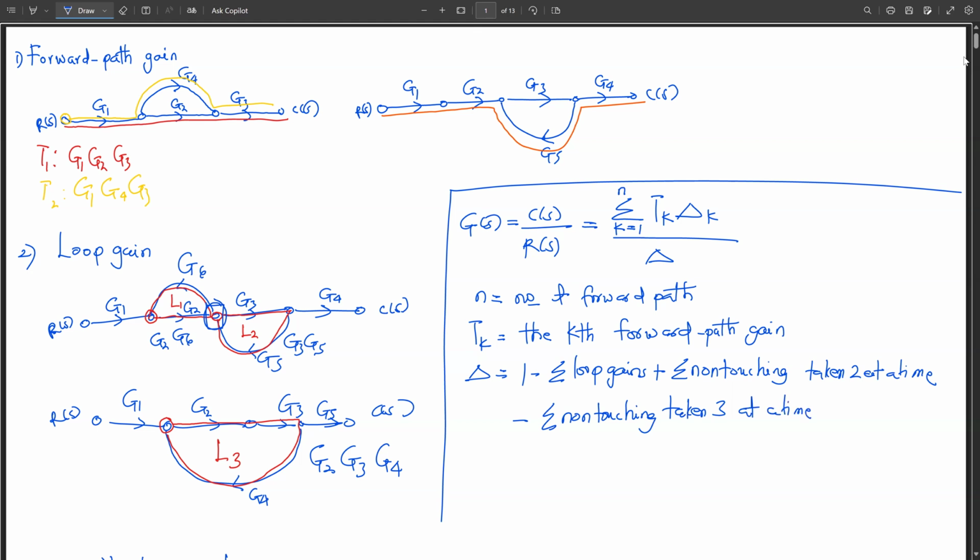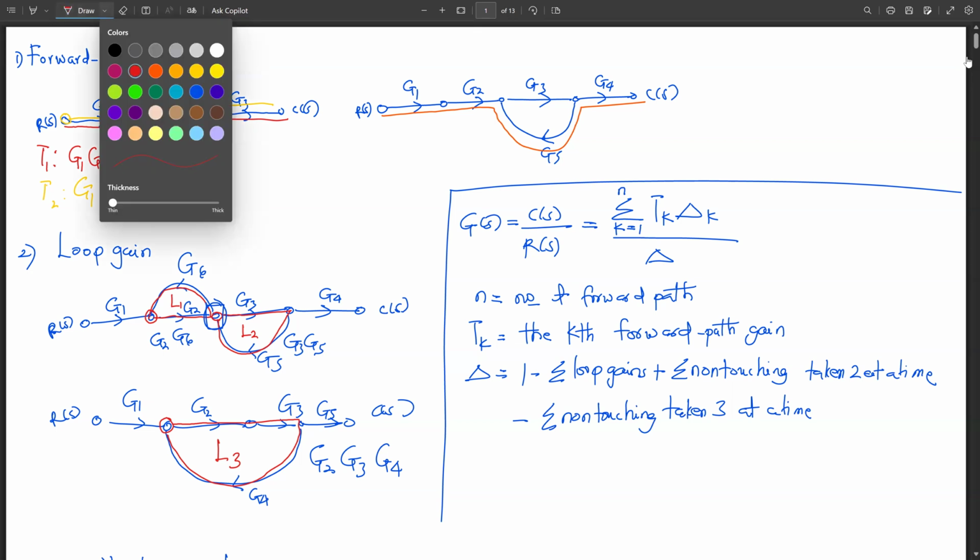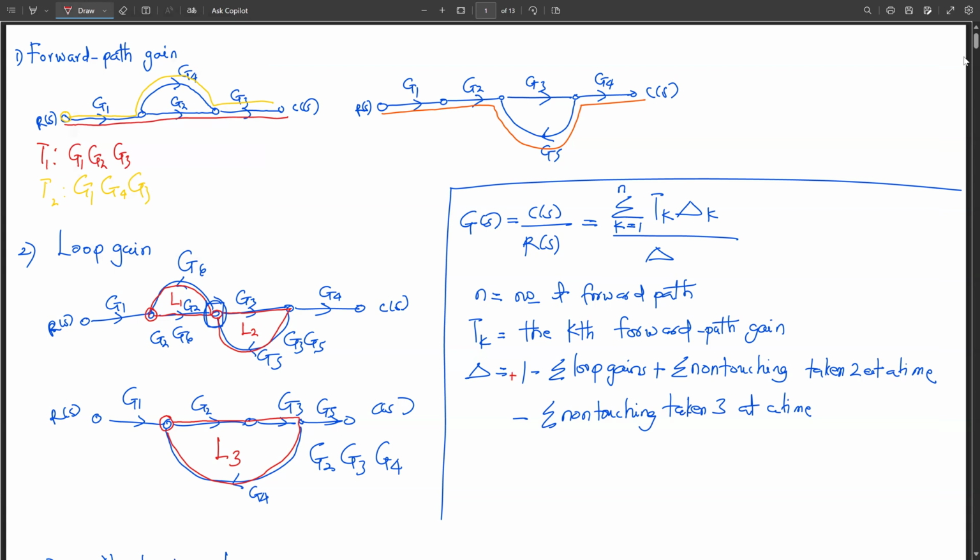Now take caution that you have the signs alternating. There's plus here, and then minus, plus, and then minus. So the next one is definitely going to be a plus. Then it goes on that way: non-touching loops taking four at a time, and so on.